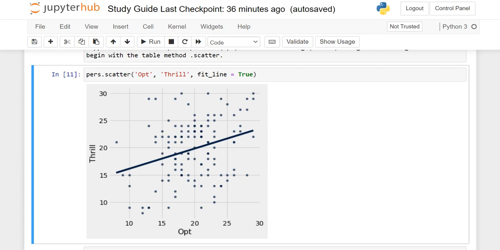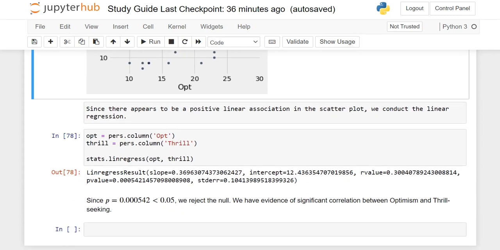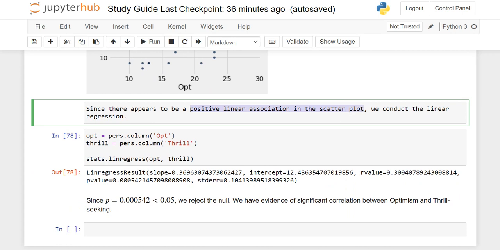But we appear from the scatter plot to have a positive association, meaning that as optimism scores go up, thrill-seeking behaviors increase. And as thrill-seeking behaviors decrease, optimism levels go down. Okay? And we observe the positive linear association in the scatter plot, so we conduct the linear regression.